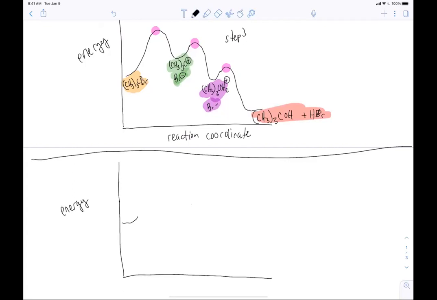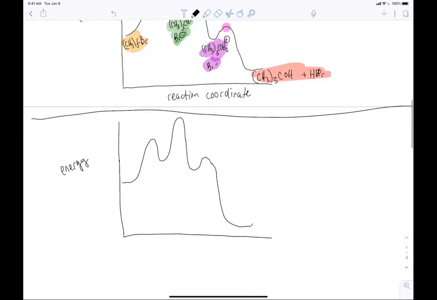Let's put it in terms of the types of problems we can ask about it. So let's say we have a reaction coordinate diagram that looks like this. It's just describing some reaction. We're not super worried about what the reaction is. What kind of questions can we ask about it?